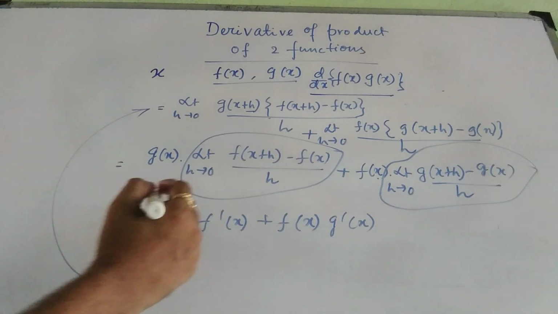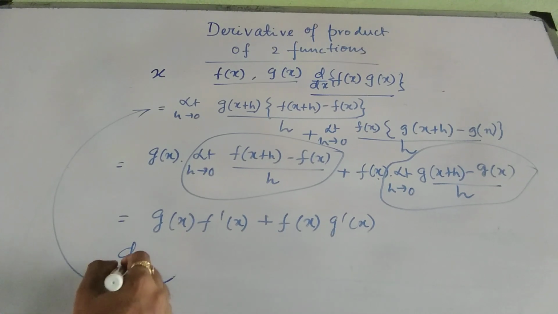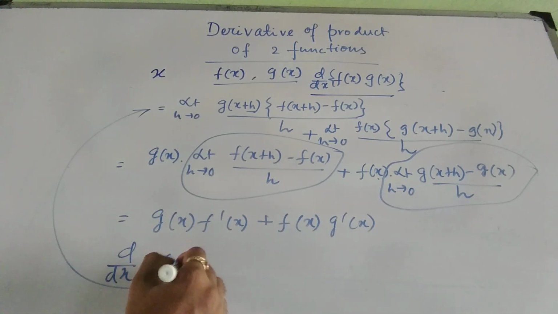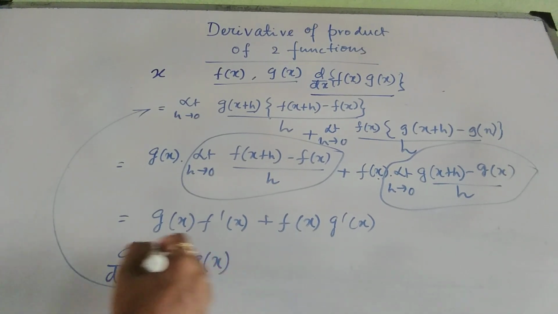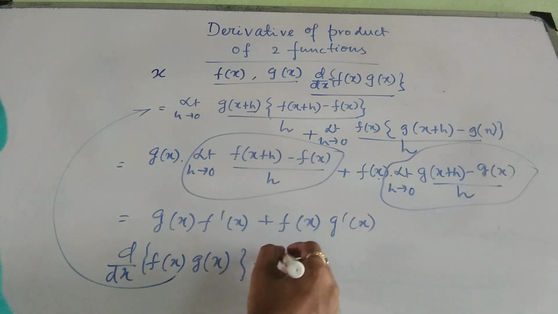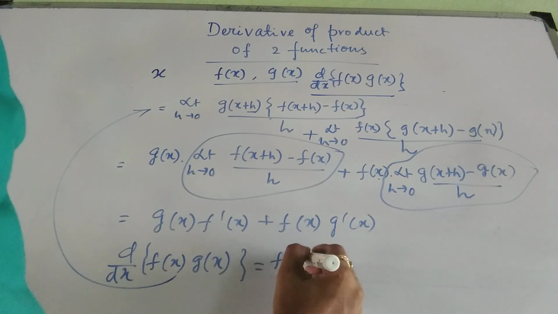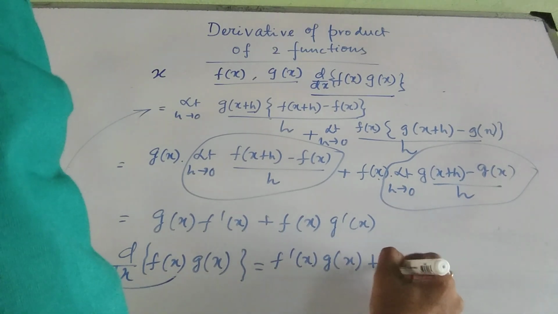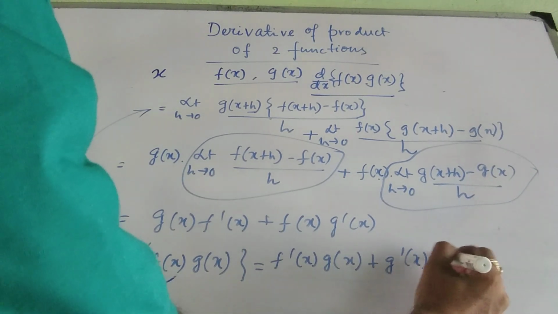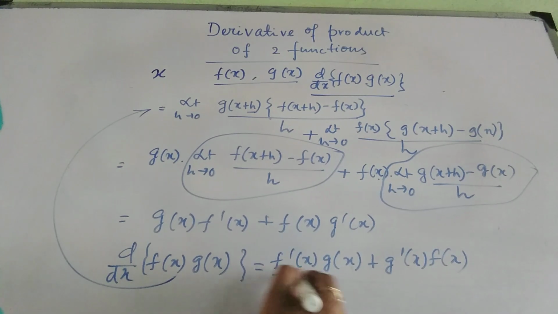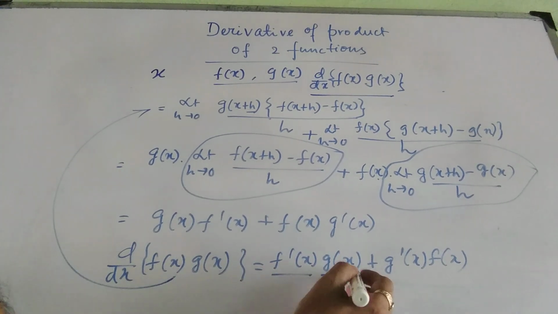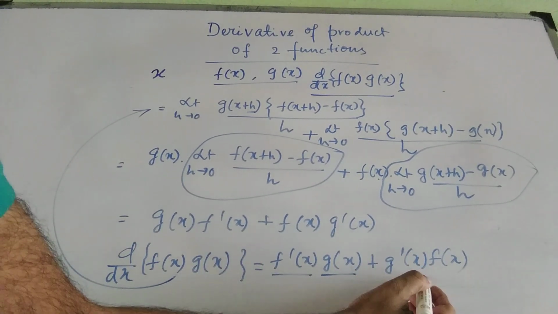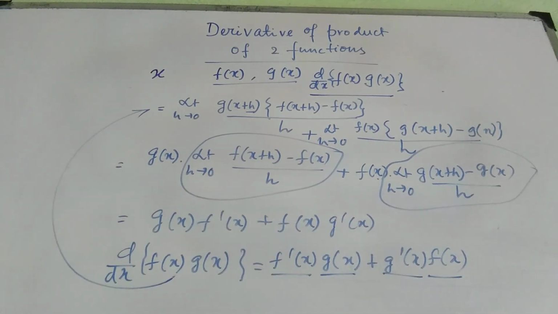So my final expression becomes d/dx of f(x) g(x), that is their product, equal to f'(x) into g(x) plus g'(x) into f(x), that is, the derivative of the first function into the second function plus the derivative of the second function into the first function.